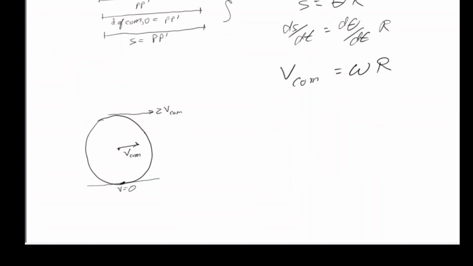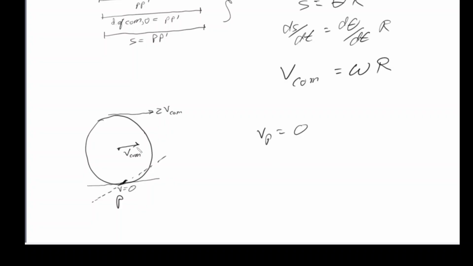Another way to look at a rolling wheel is as if it were revolving around an axis going through the point of contact. Since instantaneously the point P on the surface is not moving, the velocity at P is equal to 0.